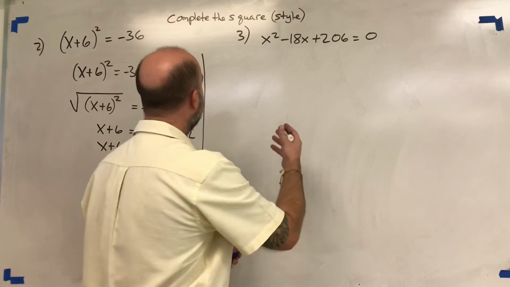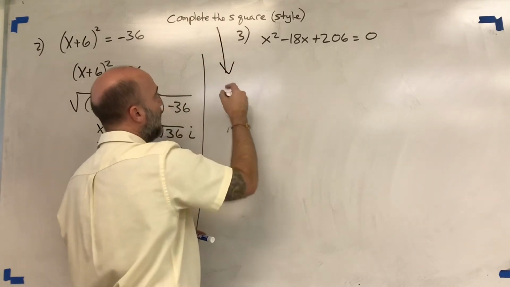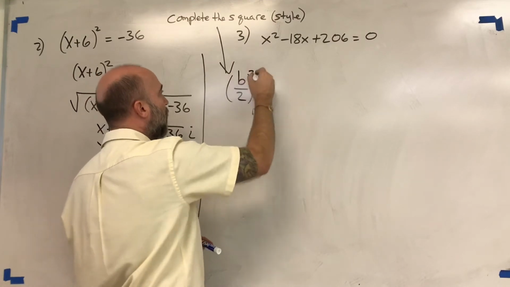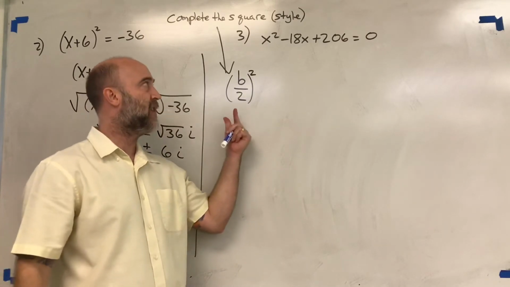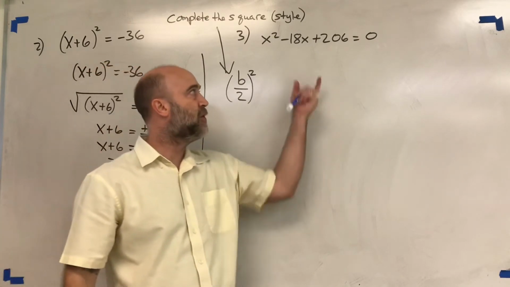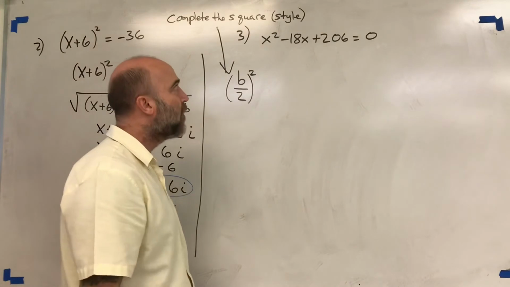When we do this, we need our complete the square number. The complete the square number is a special number. It's b over 2 quantity squared. You have to have that formula memorized, because you're using this special number to help things balance and get into the direction that we want to go.